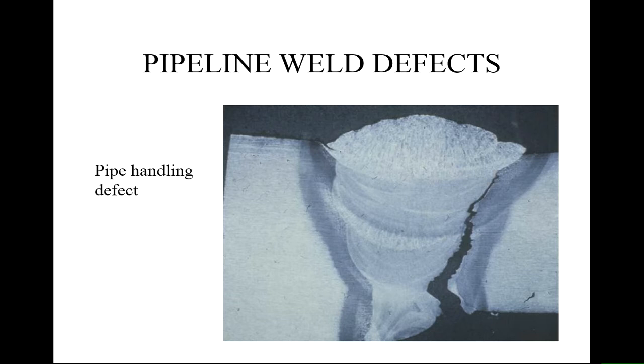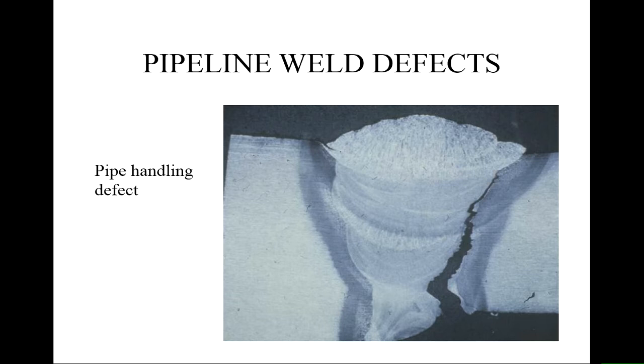Now, other defects also come from pipe handling. If any deformations occur during handling the pipe, during lowering in the ground, or if the stresses imposed are too high, then fracture will occur.